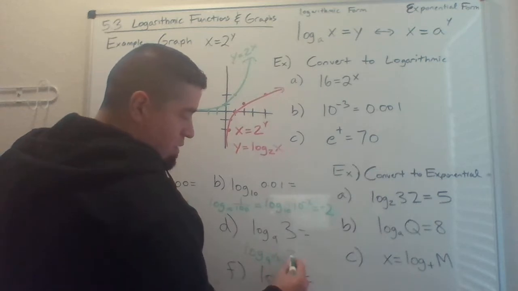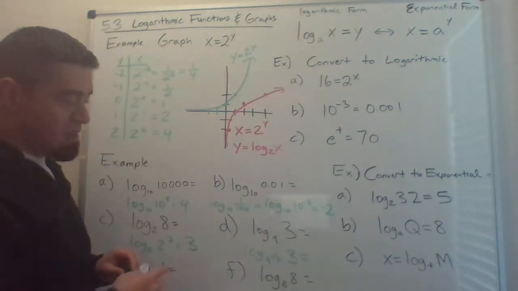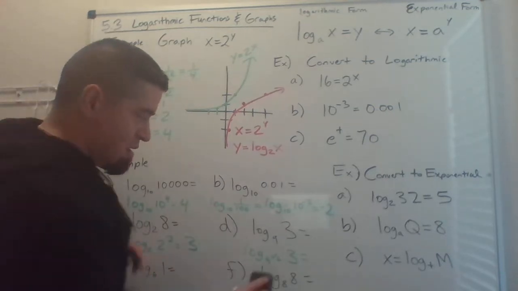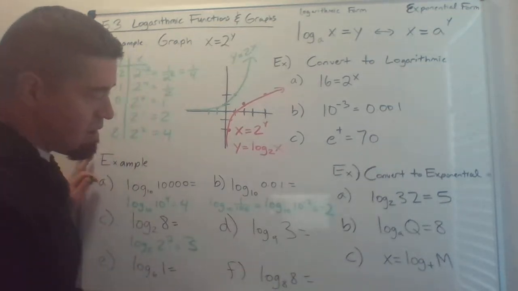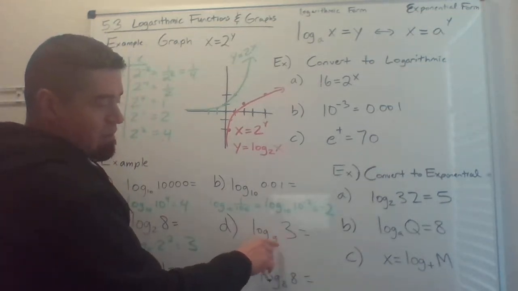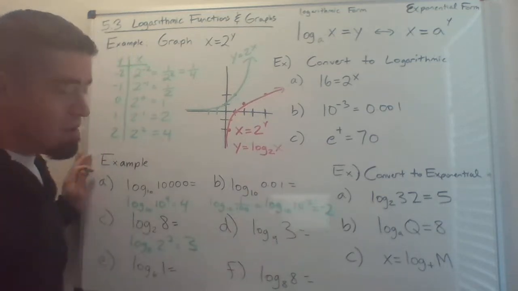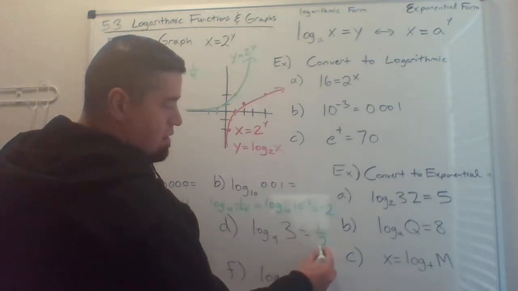And so what that means is if I ask the question, 9 to what power will give me 3? Well, the square root power is just 1/2.